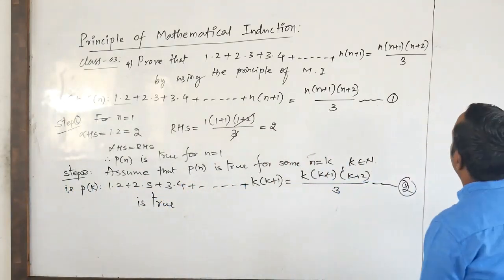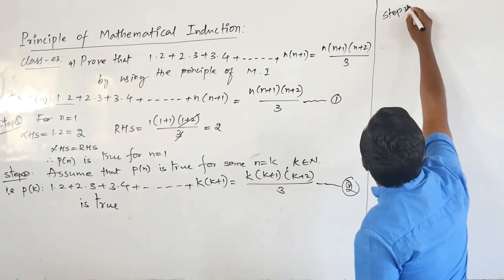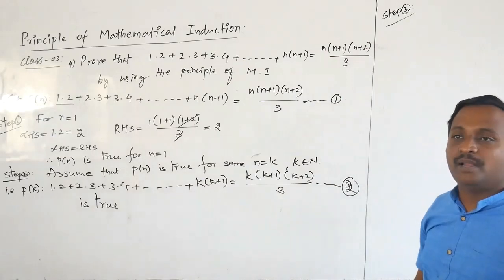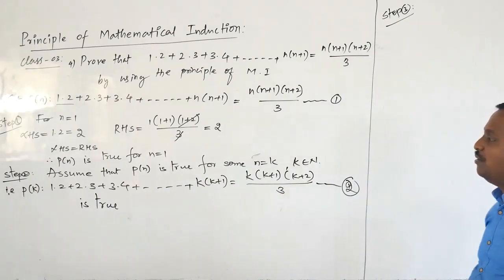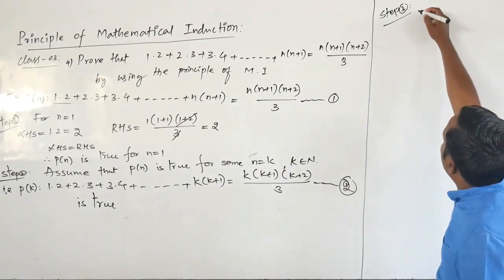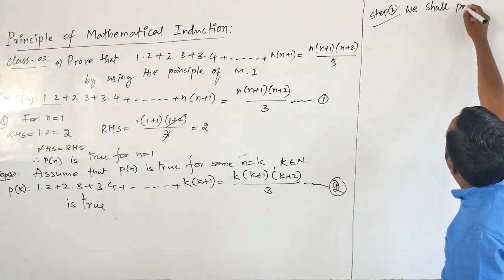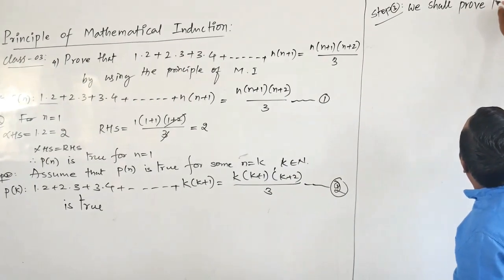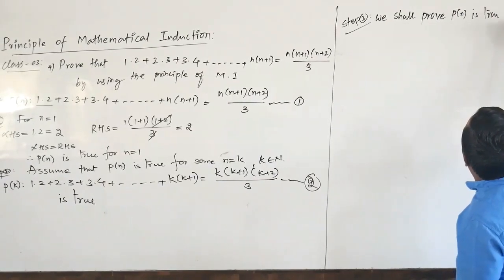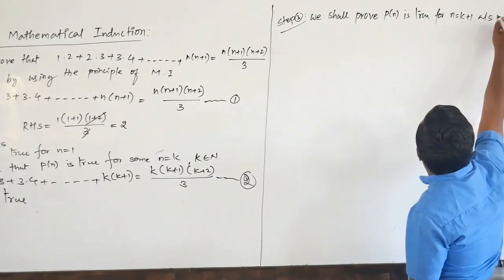Now we will move to step 3. What is the requirement for step 3? You know already. We shall prove that the statement P of n is true for n equal to k plus 1 also.